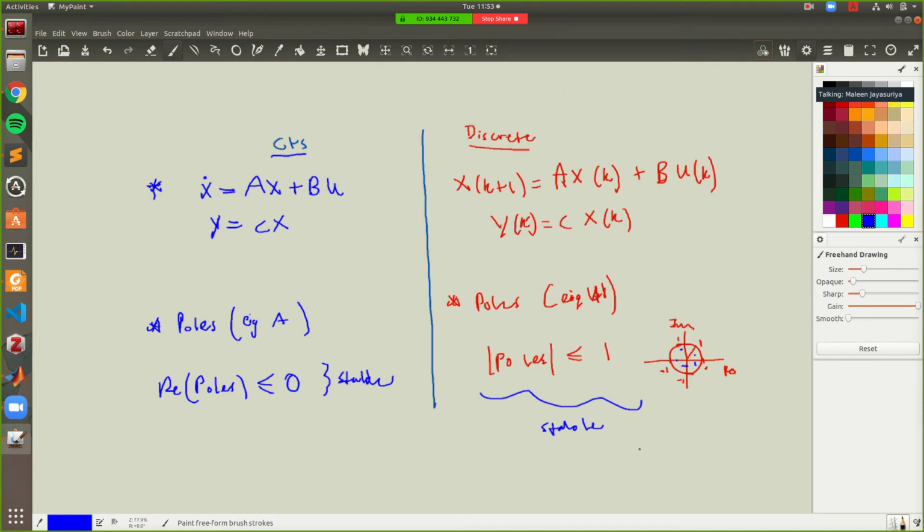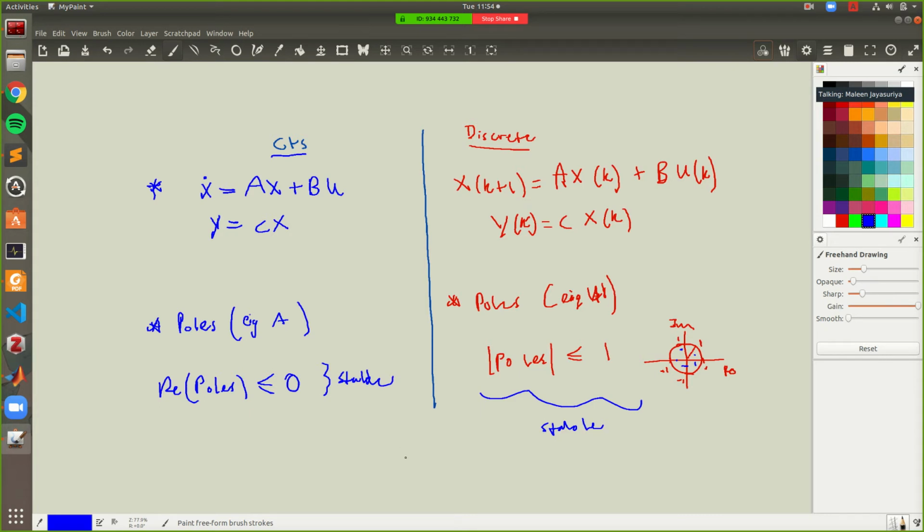And how do we decide what the poles should be? We use something like LQR control to decide the optimum poles, balancing our energy consumption versus performance.